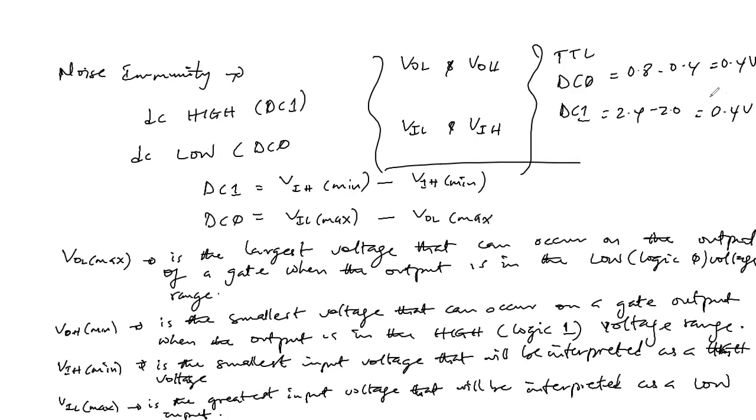So the next point we want to consider is the propagation delay time, another characteristic for the TTL. This is the time required for the output of a gate to respond to a change in the input.